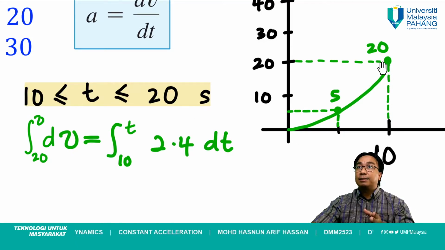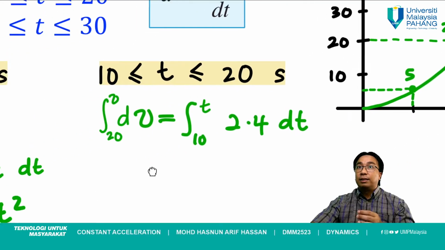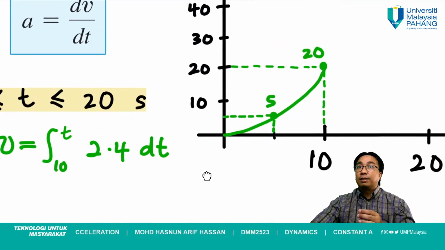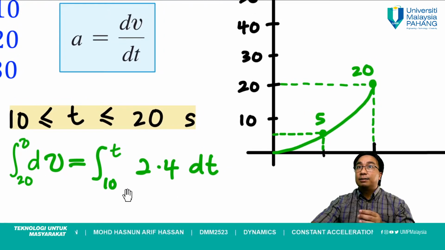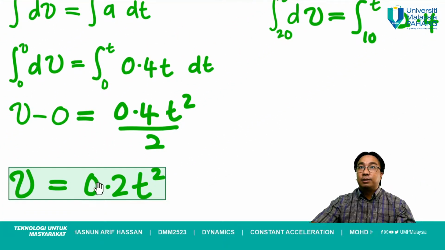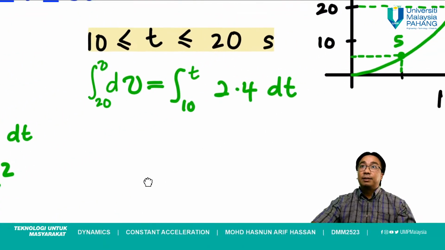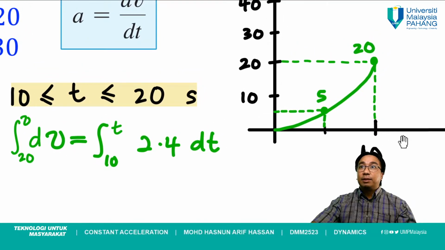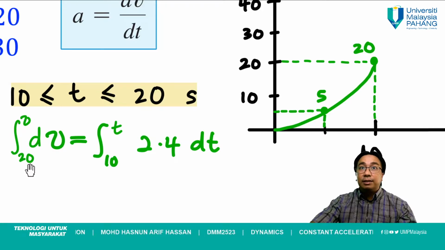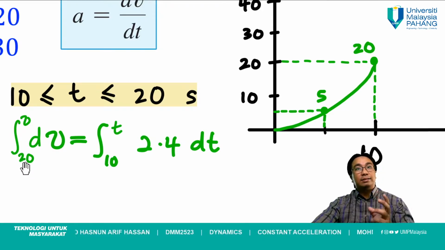At 10 seconds, v is equal to 20. We already calculated it here using this equation that we got before from the previous phase, and we get at time t equals 10 seconds, v is 20. So here you must put in 20, not 0.